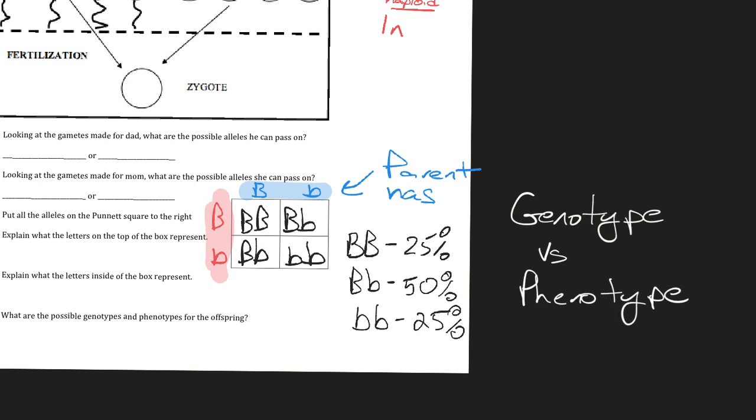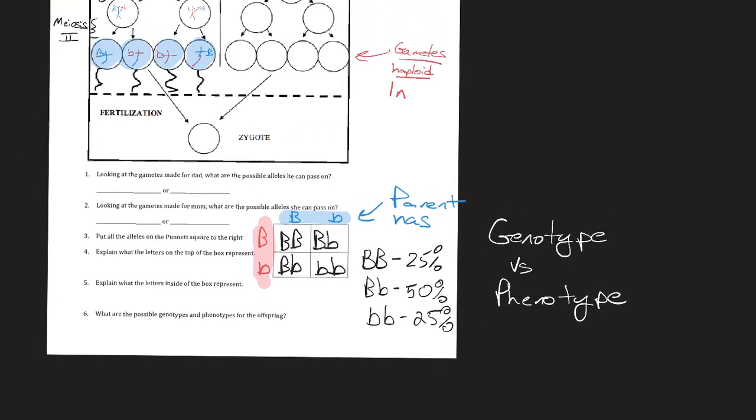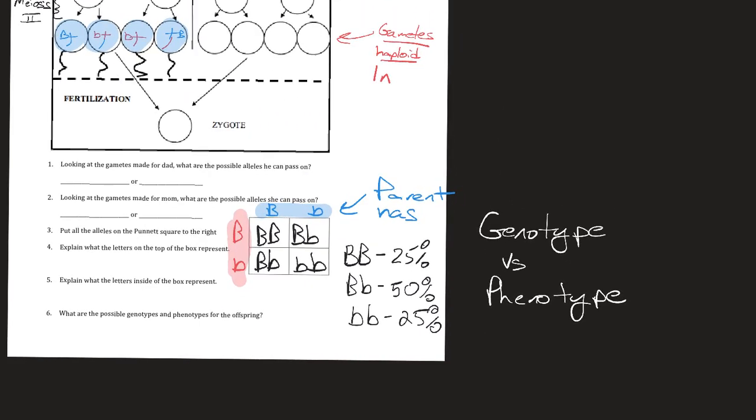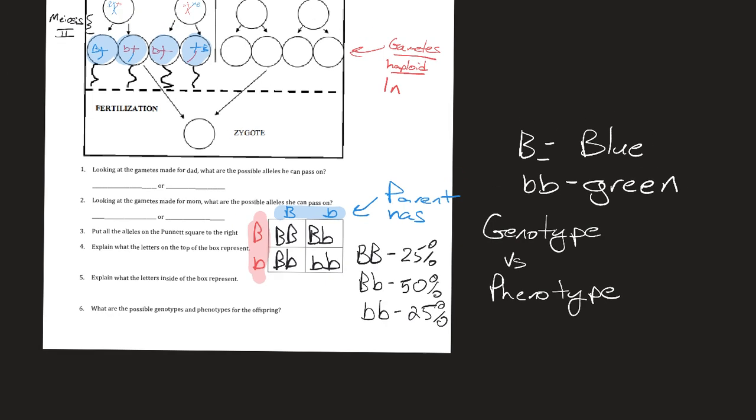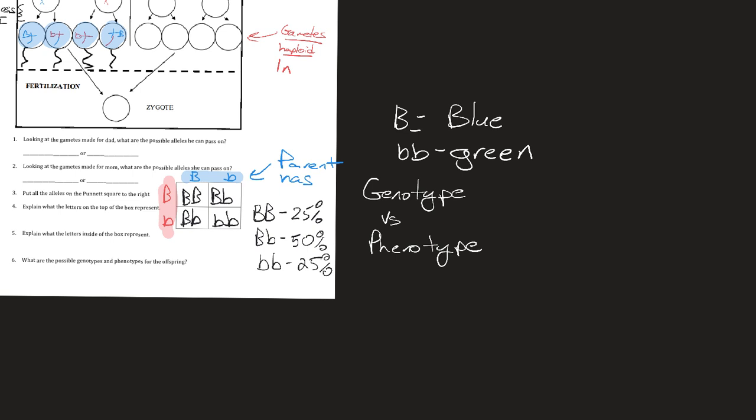Now, if you looked at this, there'd be no way for you to know what the phenotype is, because they don't tell you. Nowhere here does it say it's blue or green or big or small or whatever. But if we say big B is the color blue and little b is the color green, now because it's dominant recessive, that's an easy thing to figure out.